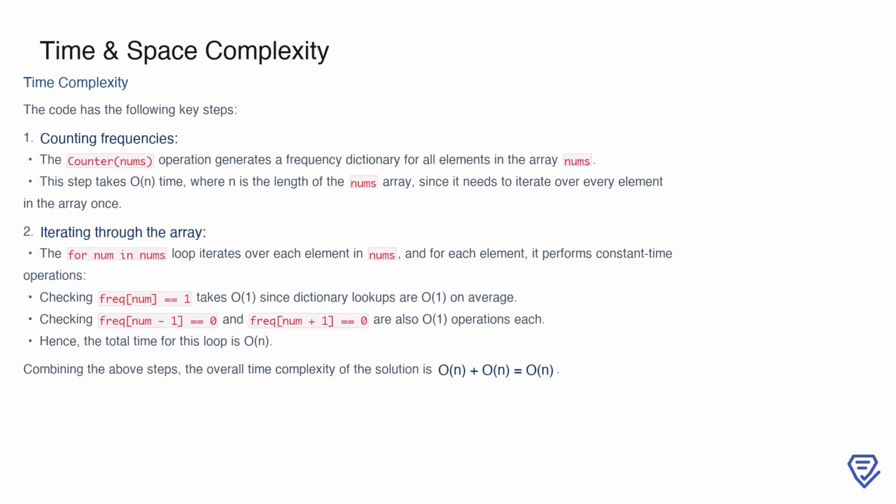For each element, we perform constant time operations, such as checking the frequency of the element itself and its immediate neighbors. Since these are dictionary lookups, they each take O(1) time on average. This makes the total time for the loop O(n). Combining both steps, we see that the overall time complexity of the solution is O(n) plus O(n), which simplifies to O(n).